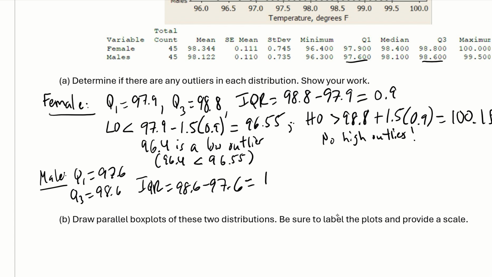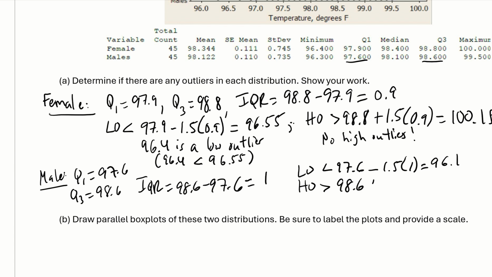The low outlier is less than 97.6 minus 1.5 times 1, which is 96.1. And the high outlier is greater than the third quartile plus 1.5 IQR, which is 100.1.